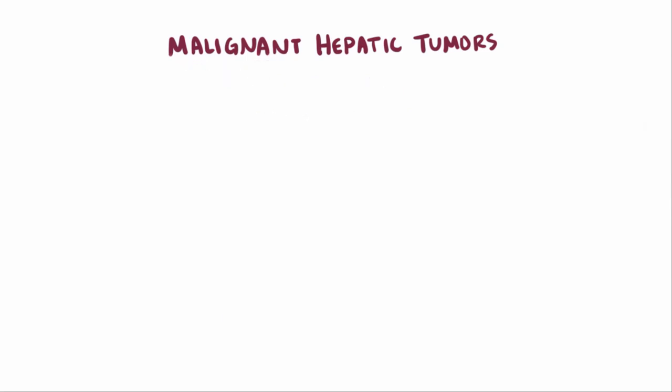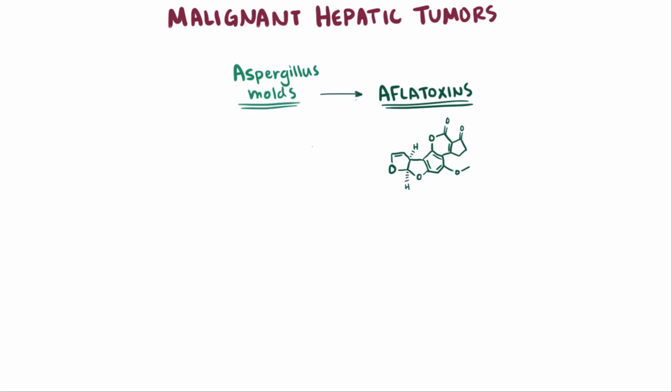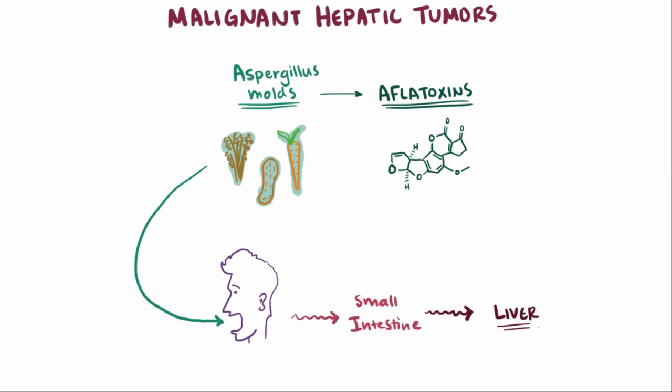One interesting risk factor, though, is exposure to aflatoxins. Aflatoxins are highly toxic chemicals produced by certain Aspergillus molds that can be found in certain foods when they start to decay, like grains, peanuts, and vegetables. As foods that have this type of mold are eaten, aflatoxins are also eaten, and then they're absorbed in the small intestine and sent to the liver for metabolizing.